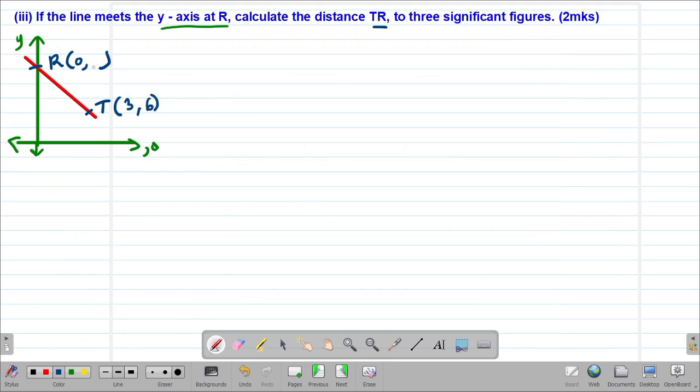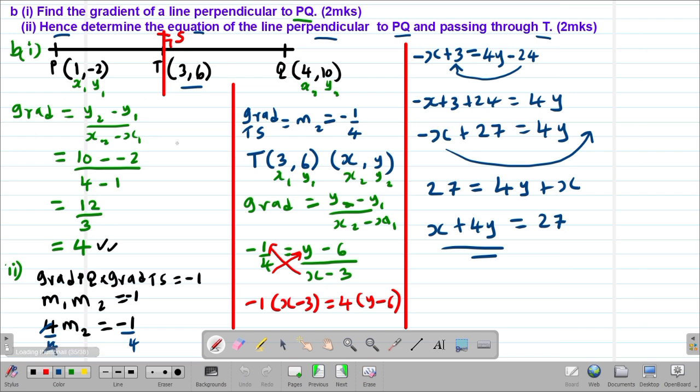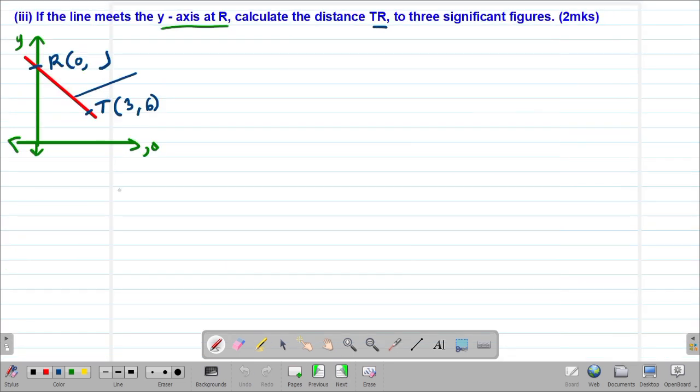So we need to find the coordinates for the point R. Then we also have the equation for the line TR. We found this equation in B Roman 2, such that the equation for the line.